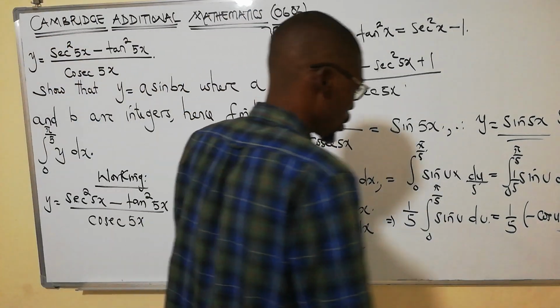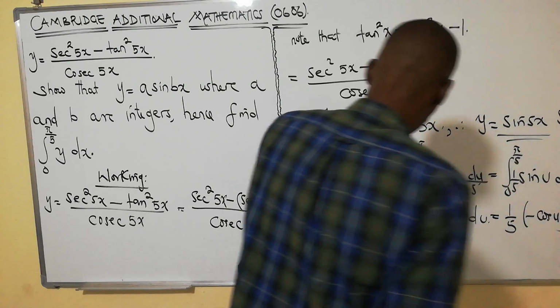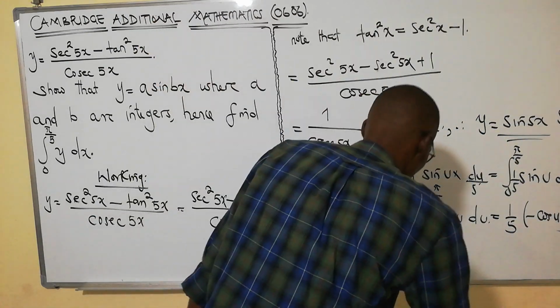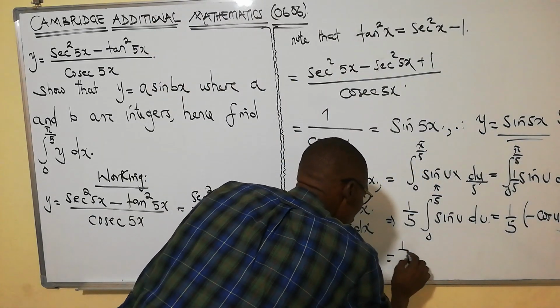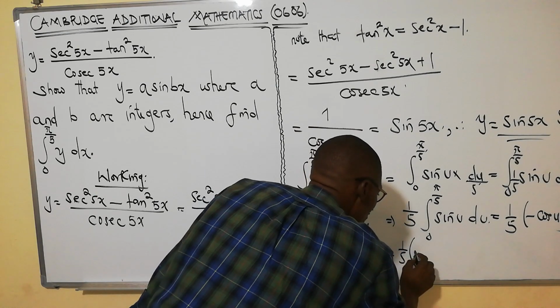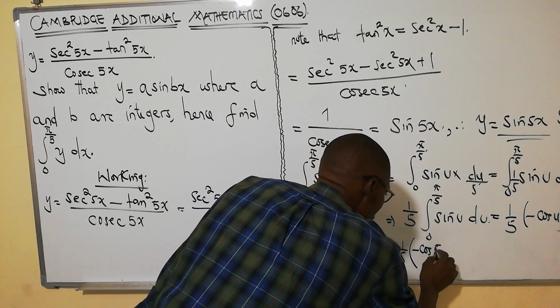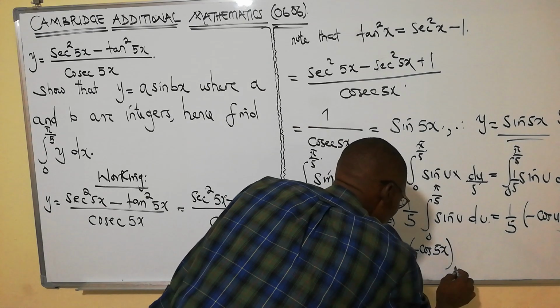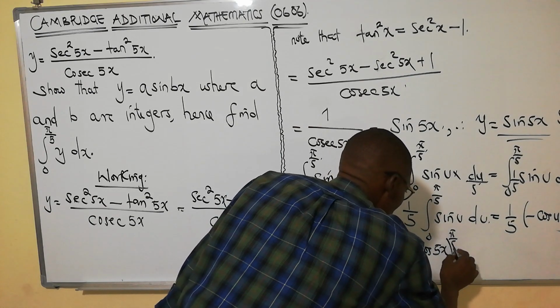We know that u is 5x, so that is basically 1 over 5 negative cosine 5x from 0 to pi over 5.